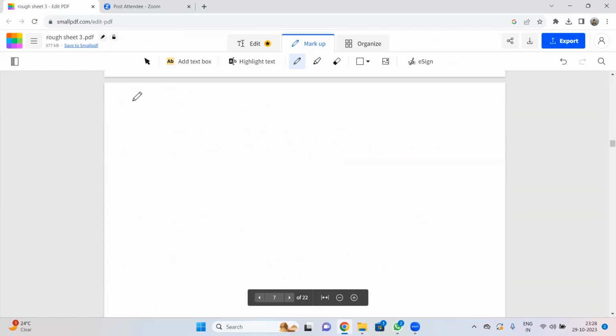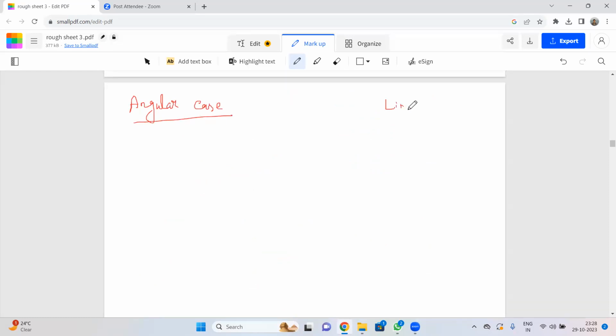Suppose it is asked for the angular case. Just compare. In the linear case, we have displacement; in angular, we have the angle theta.